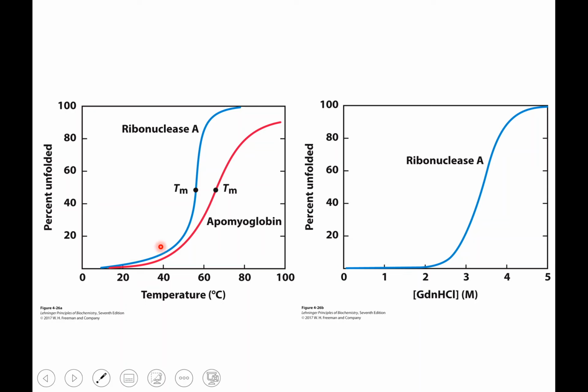The way you can think of it is that there are these defined regions or motifs that are folded very strongly, and then they come together and interact with one another. Once you break the interaction of those regions or motifs, then it becomes much easier to break and fully unfold the protein.